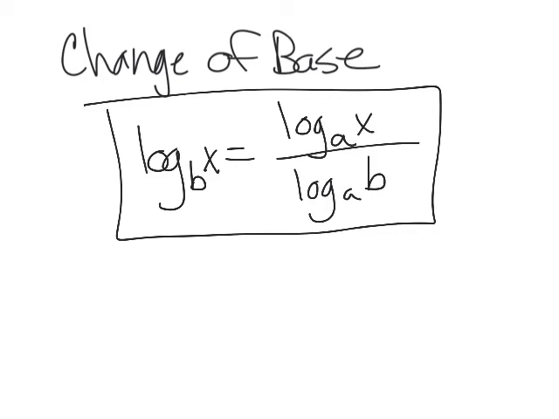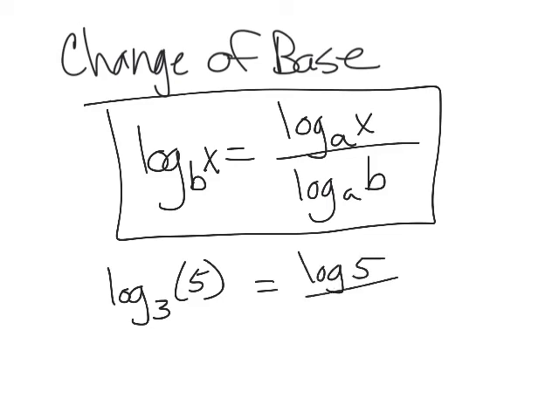So I could say, for example, if I want to evaluate log to the base 3 of 5, in most calculators you can't just enter that in. Well, that's the same as the common log of 5 over the common log of 3. So it's a handy little tool to use, especially if you're going to start graphing functions where your graphing calculator doesn't recognize logs of different bases, only the common log and the natural log.